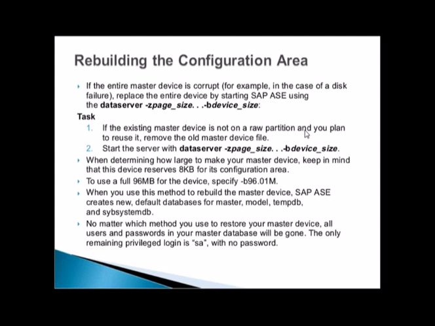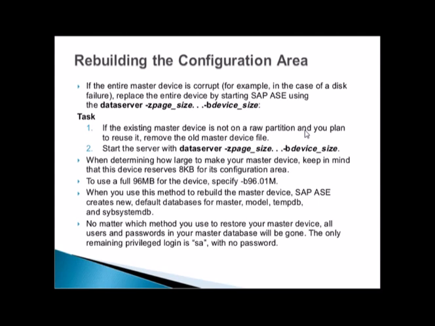When you use this method to rebuild the master device, SAP ASE creates new default databases for master, model, tempdb and sybsystemdb. So that is the advantage of building the master device: it will create all these databases. No matter which method you use to restore your master device, all users and passwords in your master database will be gone.